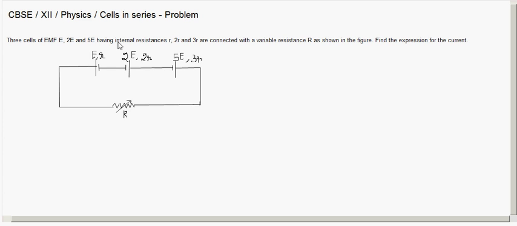Expression for the current. So we'll find out the expression for current. We know the total current is net EMF divided by net resistance. Current I will be equal to the net EMF of the combination divided by net resistance.